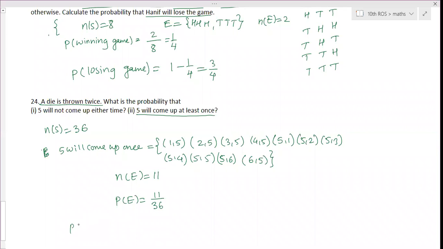And then the probability that 5 will not come: if 5 will come it is 11 by 36, and will not come then 1 minus 11 by 36, that is 25 by 36.